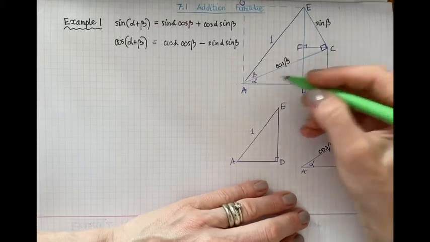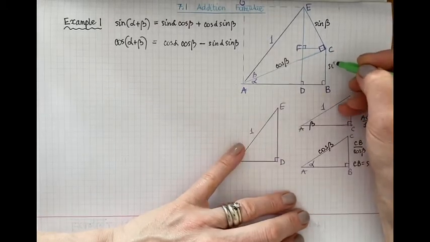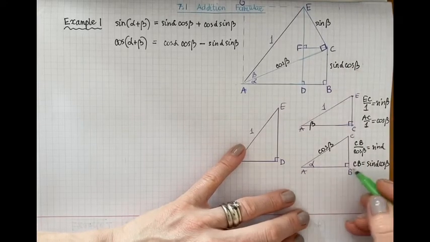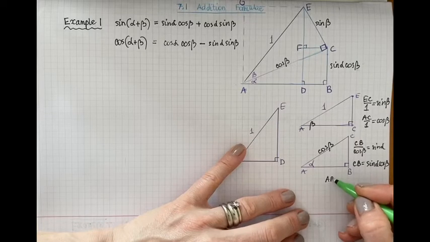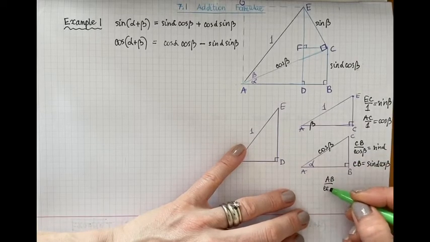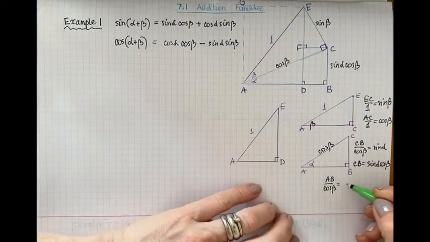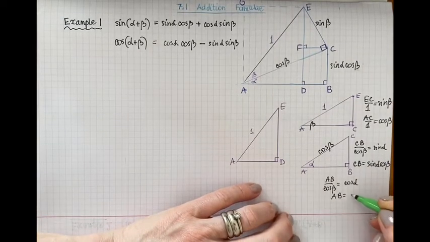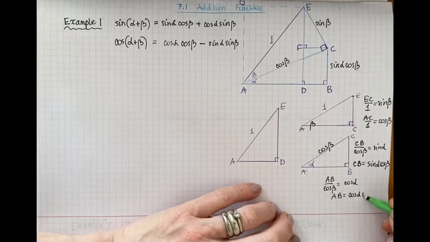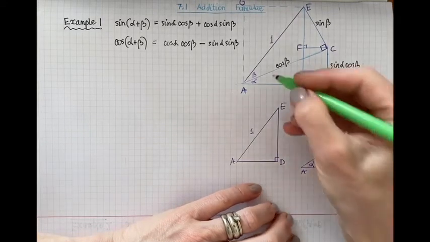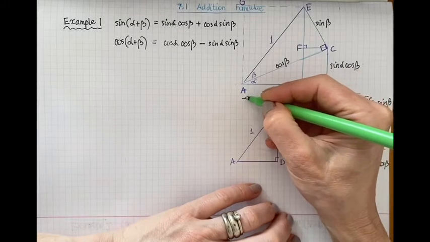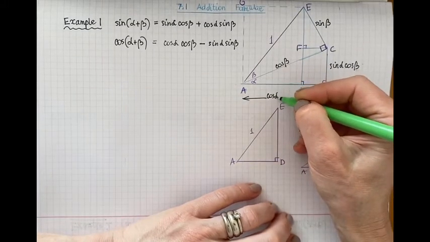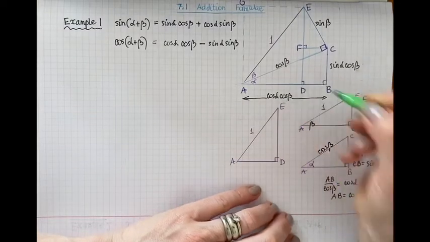Let me write it down. And then AB, which is adjacent divided by hypotenuse, which is cos beta, is equal to cos alpha. So AB must be equal to cos alpha cos beta. Let's put it down.